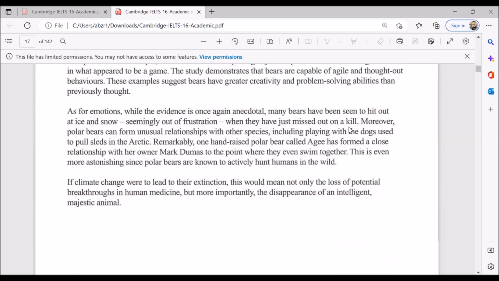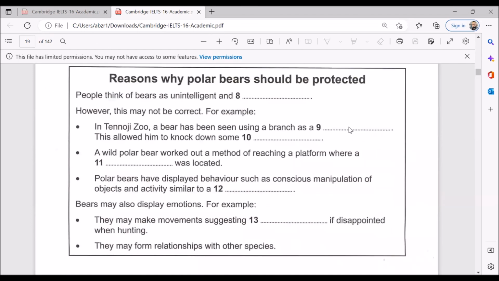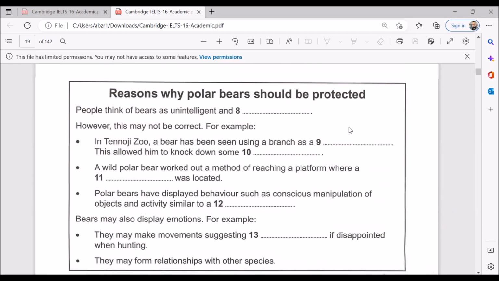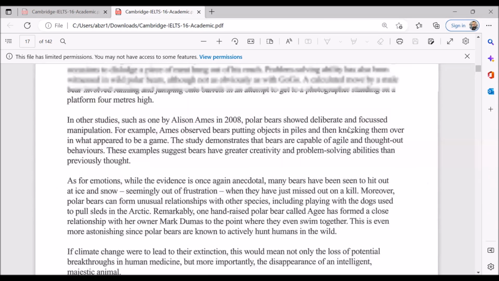And the phrase they are using in the question is "this allowed him to knock down." Now, what's the meaning of knock down? Knock down, now this phrase could be from the wrestling side, to take someone in control and to win the battle. This allowed him to knock down some meat because he was taking control of the meat.